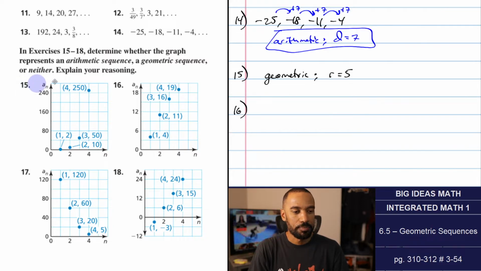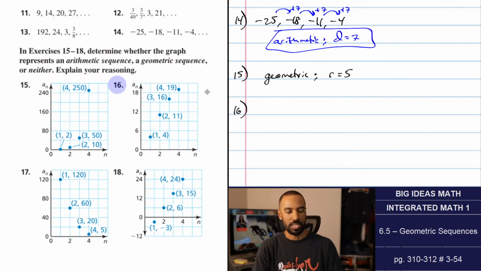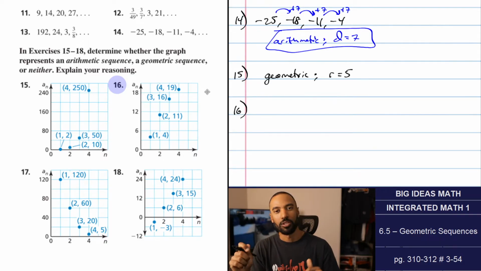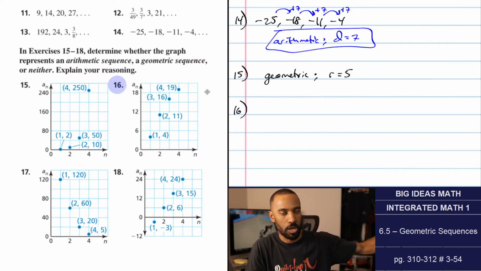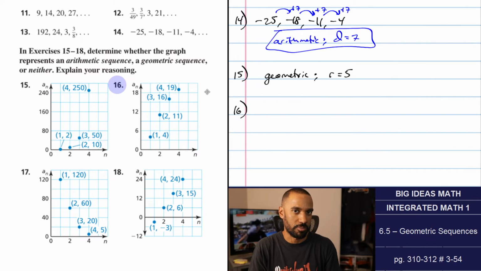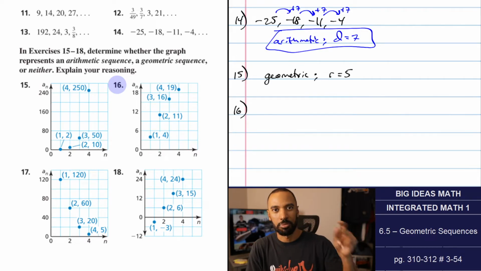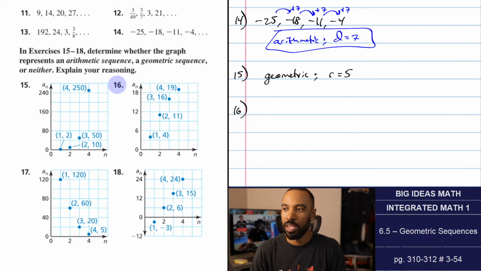Number 16. So this goes from 4 to 11 to 16 to 19. 4 plus 7 plus 5 plus 3. It looks like it's adding 7, 5, and 3. It's adding like the next lowest odd number. It'll probably end up subtracting at some point there. Probably then plus 1, then minus 1, then minus 3. I think that's a quadratic.